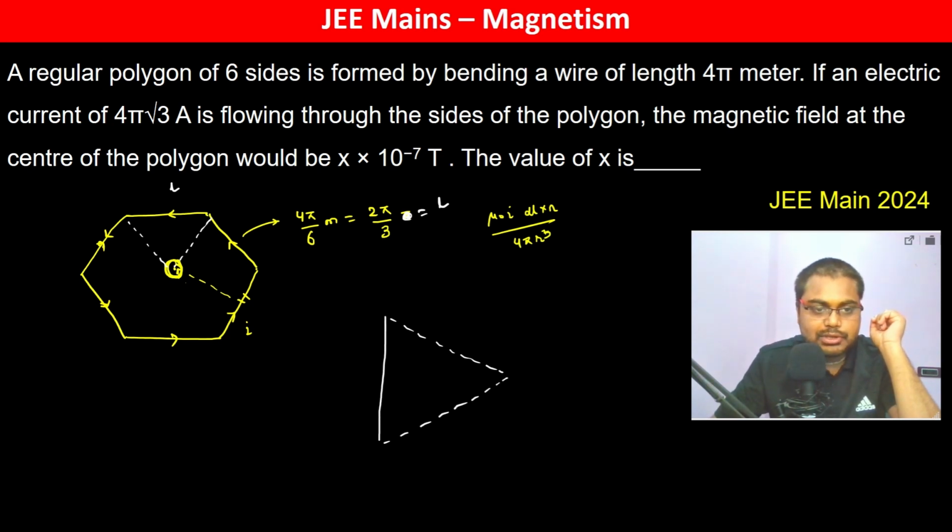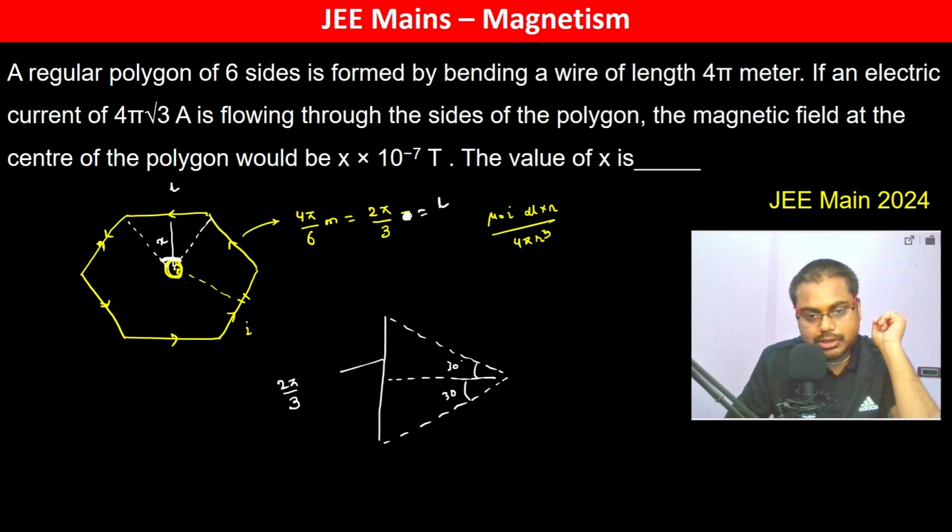So if you see, this is, let us say, x, and because it's a regular polygon of 6 sides, a hexagon, this is going to be 60 degree. Okay, so this is 30 degree and this is 30 degree. Okay, and this is 2 pi by 3, this total one.